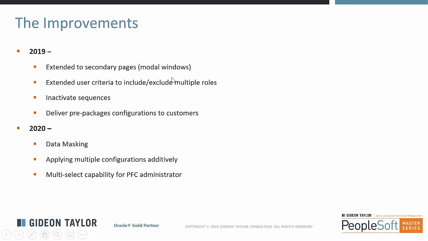You get the extended user criteria, and you can activate or inactivate your different sequences. And then in 2020, they've got some cool features. You can use data masking. So one of the things you'll actually be able to configure is masking on certain fields. So that's kind of cool.